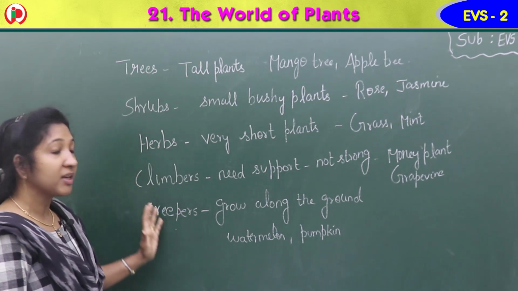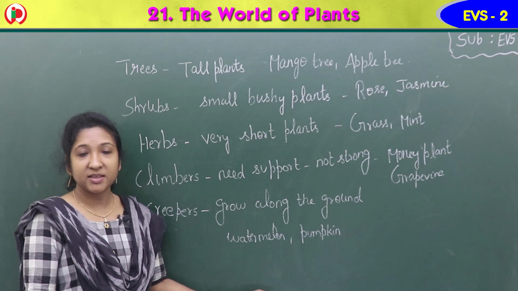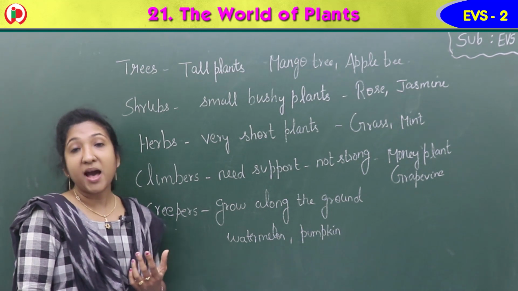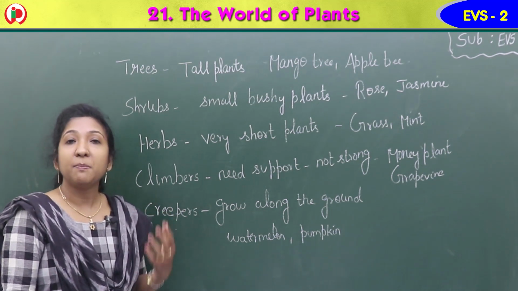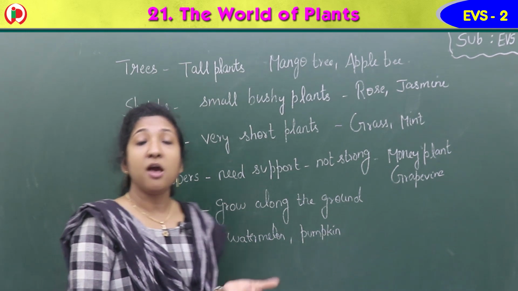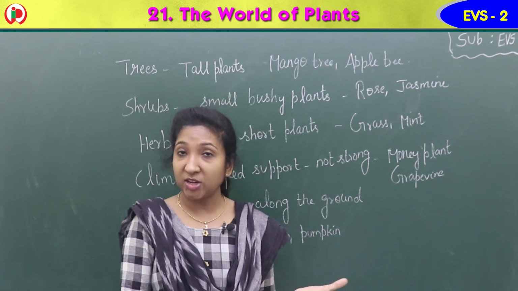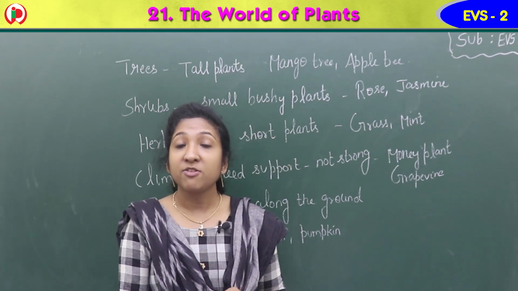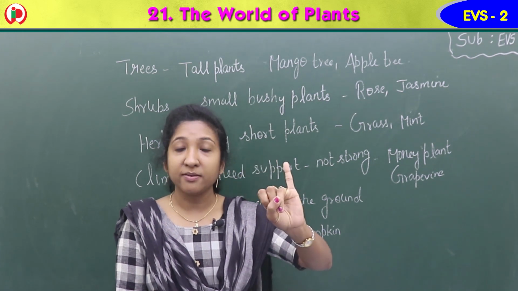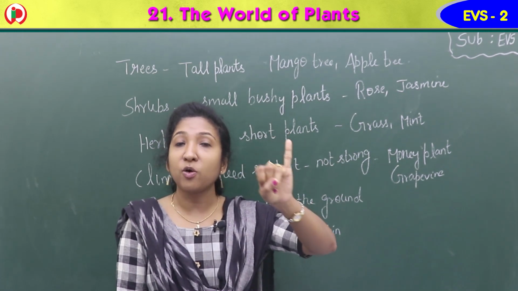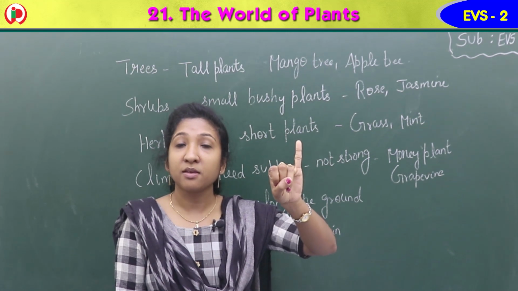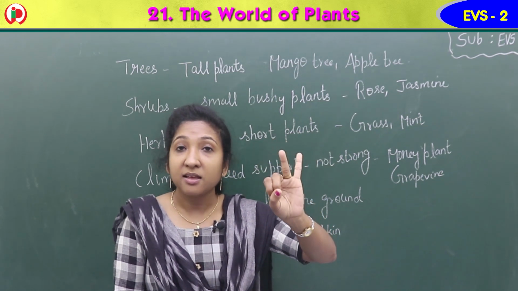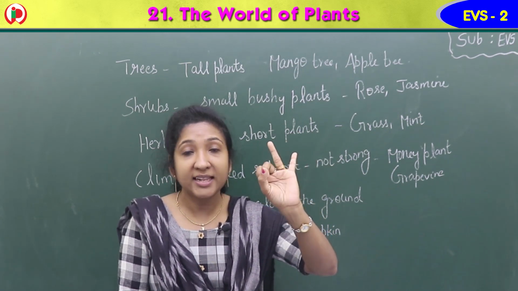So, these are the different kinds of plants we learned. Isn't it? Yes. Then we learned about parts of a tree or parts of a plant. So which are the main parts of a plant, or how many parts are there for a tree, for a plant? Yes, there are 5 main parts. Which are they? Roots. Underground we can see roots, R-O-O-T-S, roots. Then leaves. We can see different kinds of leaves. L-E-A-V-E-S, leaves.